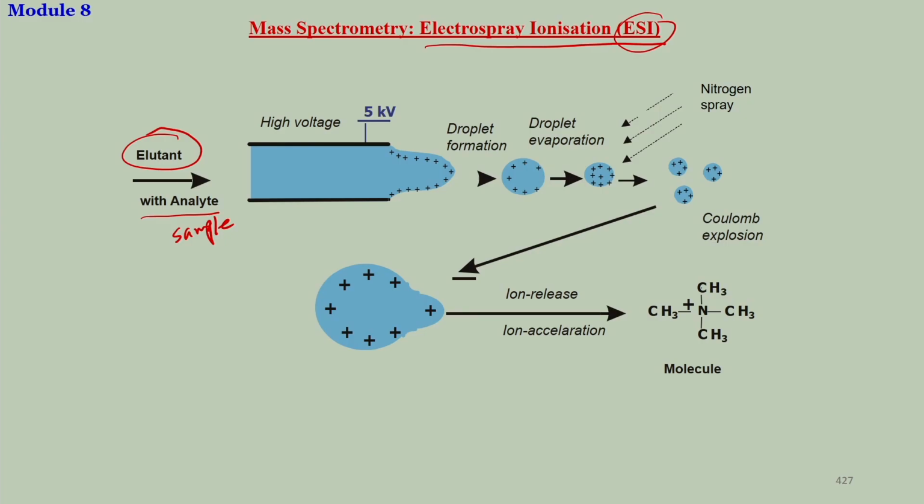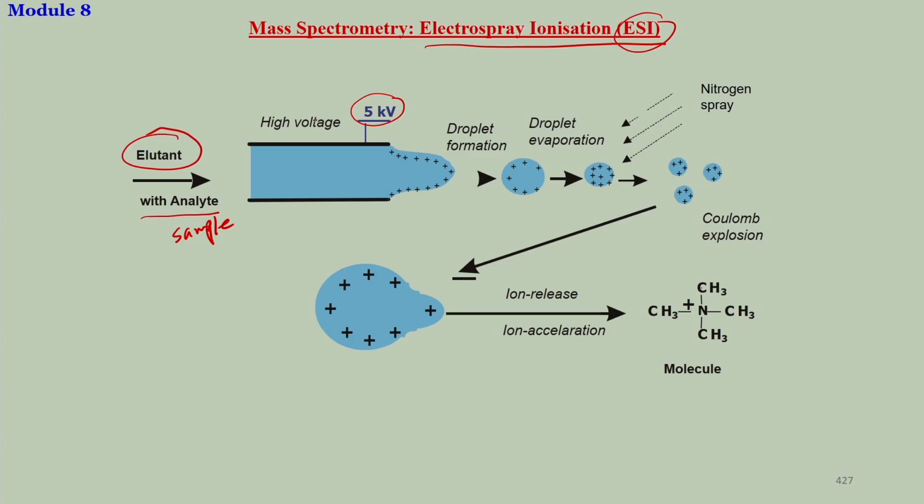and that is placed inside the mass spec chamber, which has high voltage in it, around 5 kilovolt. So, if it goes through a high voltage, your molecules will be charged. Depending upon your voltage, you can make it positively charged or negatively charged.